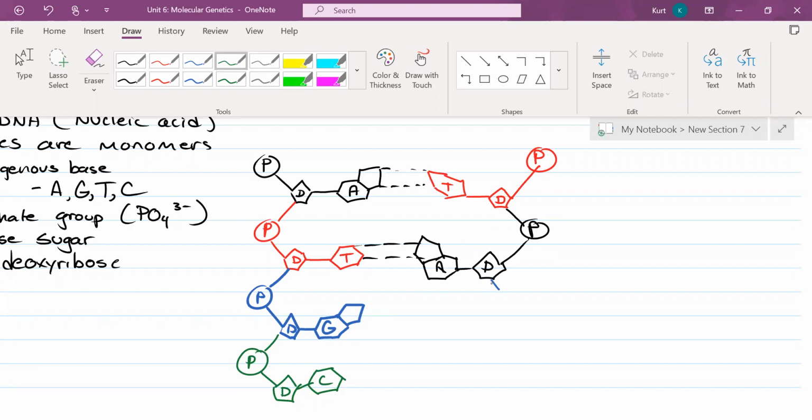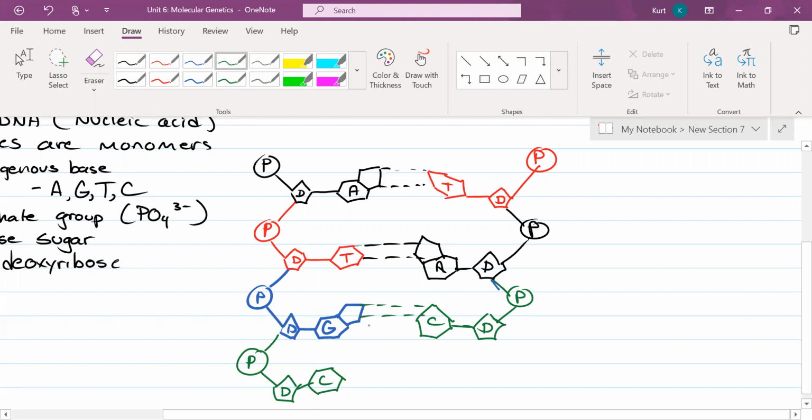I'll do one more. Okay, this portion here is the middle of DNA. Those are the nitrogenous bases.